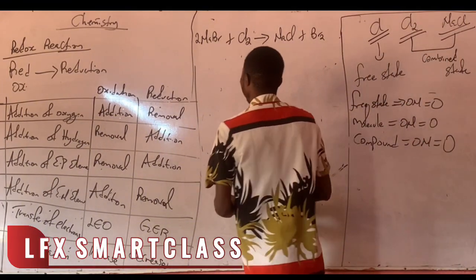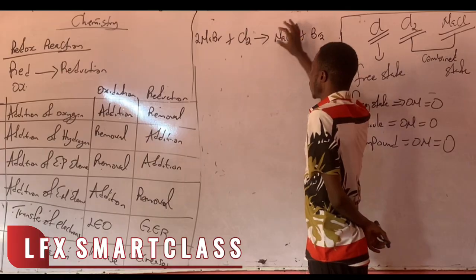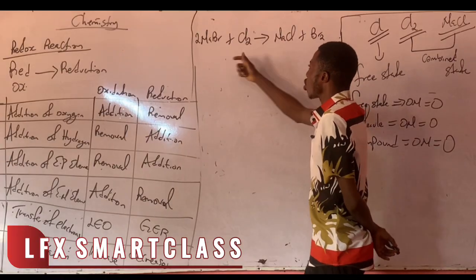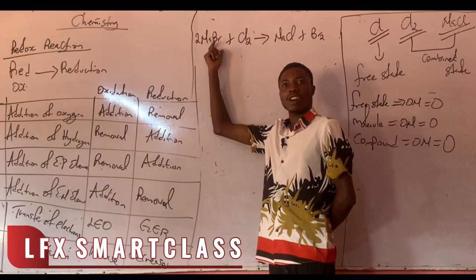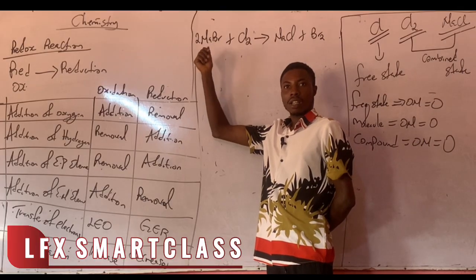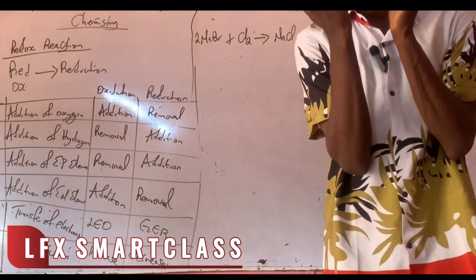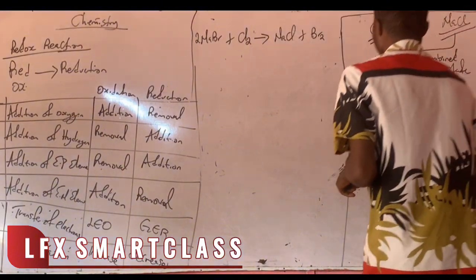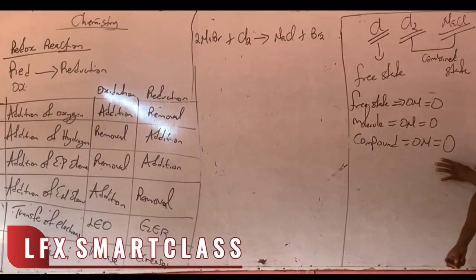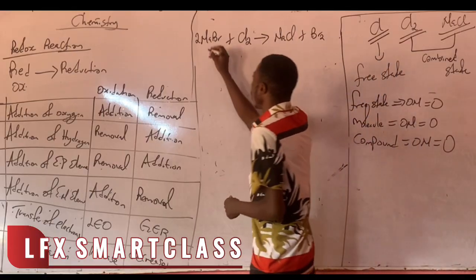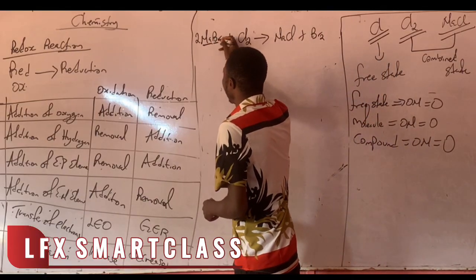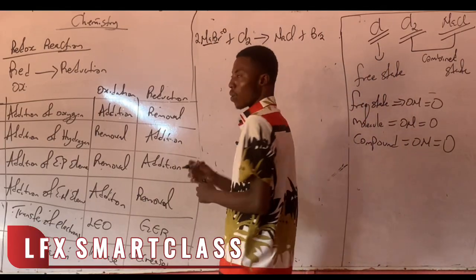Now, let's carry on, everybody. If we have sodium like this, now, sodium here, is it combined or is it free state here? Why? That means that it is not going to have what? 0. It's not true. But a compound will always have 0. That means the oxidation number of this plus the oxidation number of this will equal to what? 0.